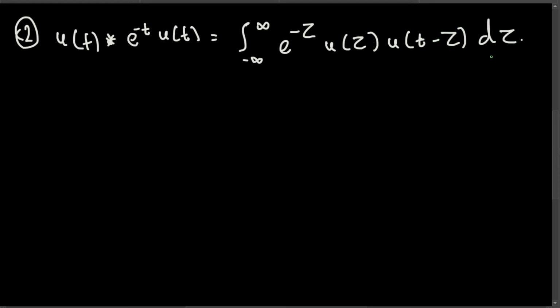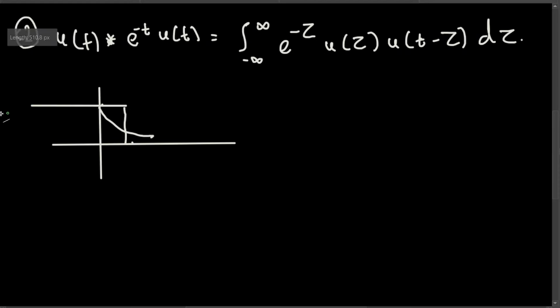If you look at the graph for this one, here we have a unit step function that is time reversed, and also a negative exponential function, so the graph is going to go like this, and the unit step function is time reversed, so it's going to go in the opposite direction. It's going to go like this.